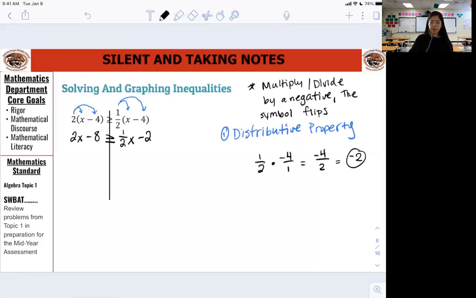All right, so I got rid of my parentheses. Now I get rid of my fraction. What do I do to get rid of it? I only have one fraction to worry about, so what do I do?